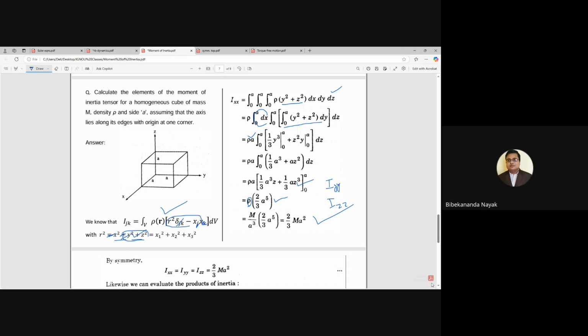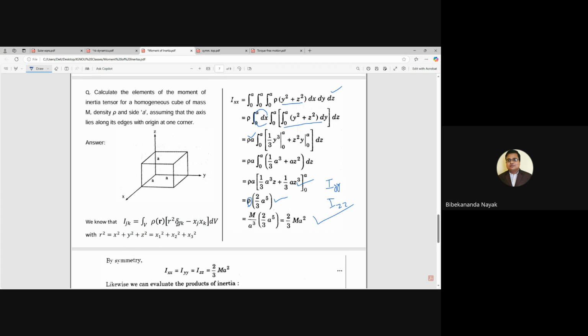Now the off-diagonal elements, Ixy. How much is Ixy from this formula? Tell me. Delta jk: if j is x and k is y, that means j is not k, then what is delta jk equal to?